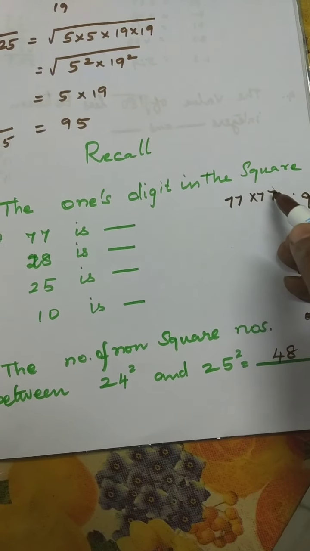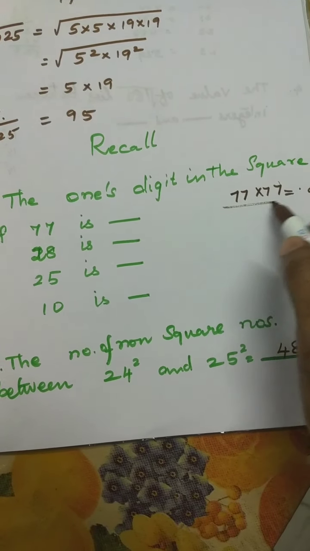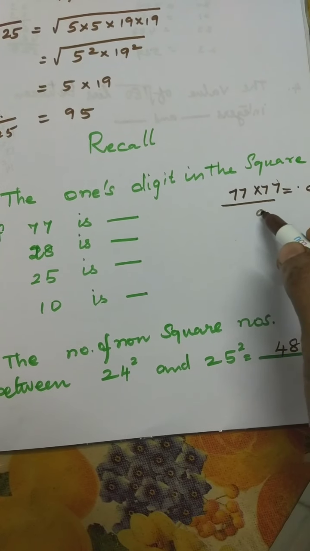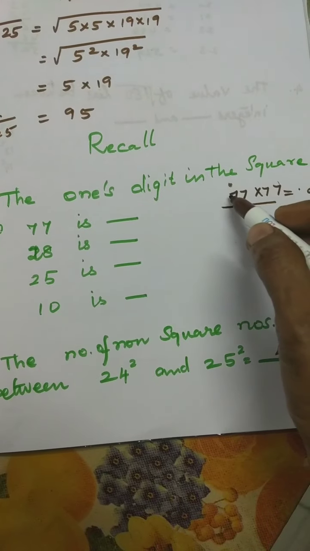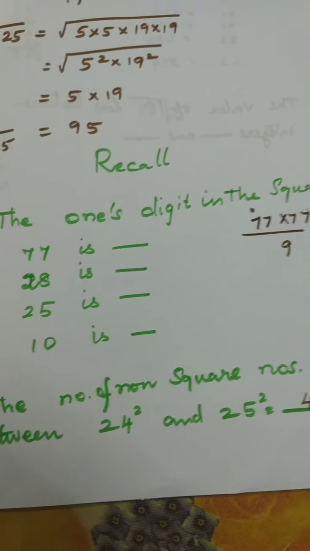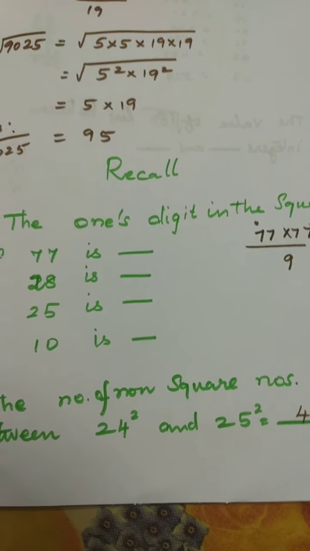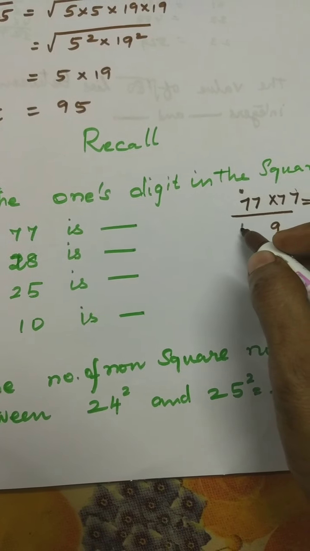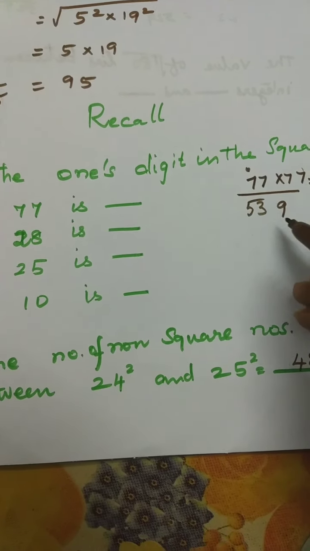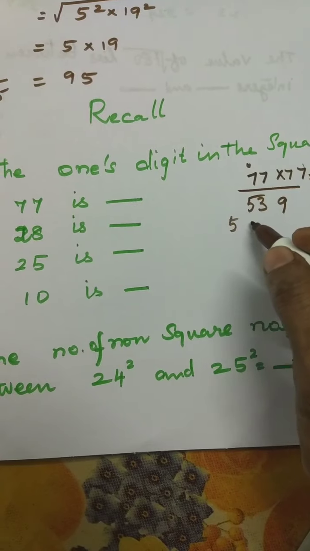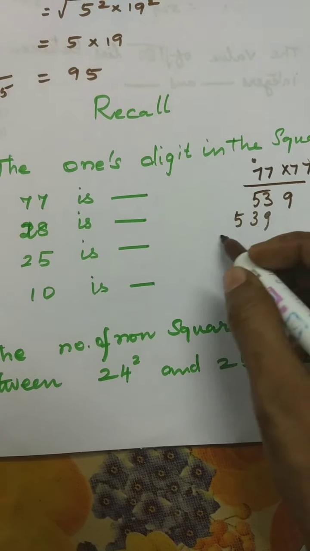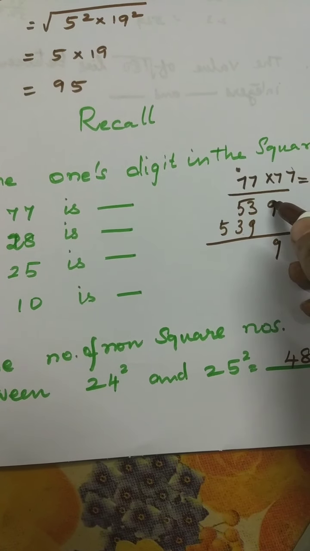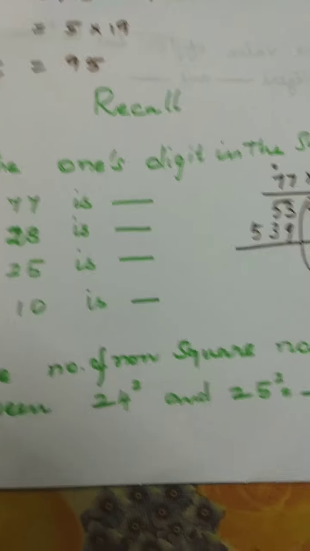Write 9 here, and the remainder is 4. Again 7 sevens are 49, plus 4 is 53. Here 9 is the ones place.